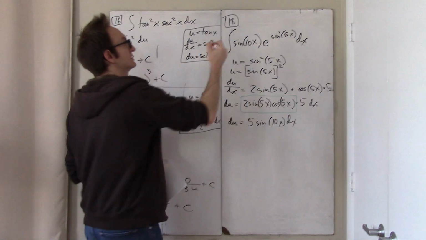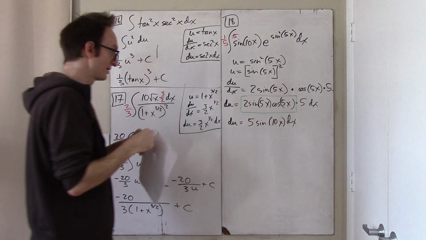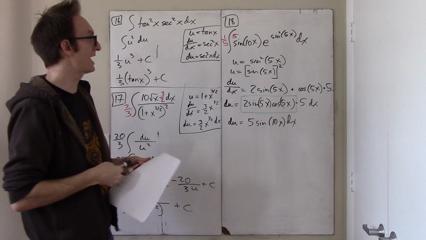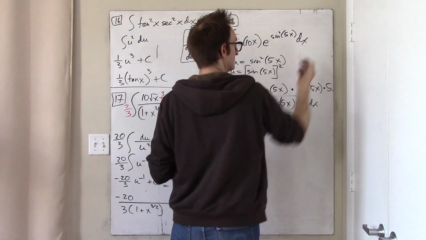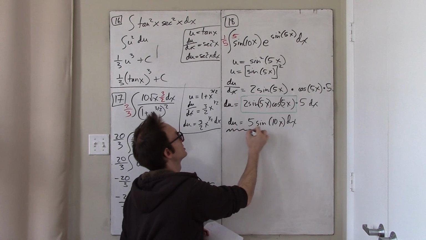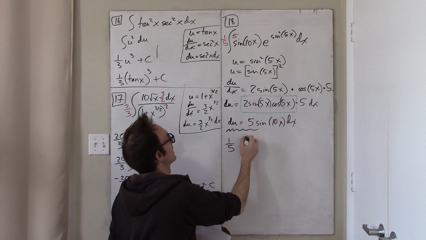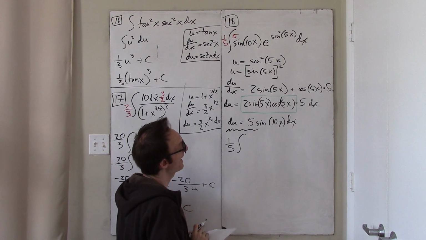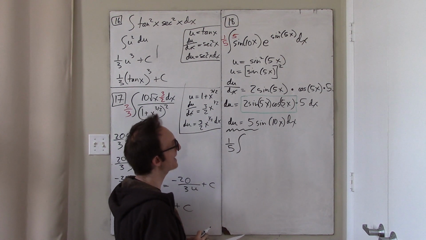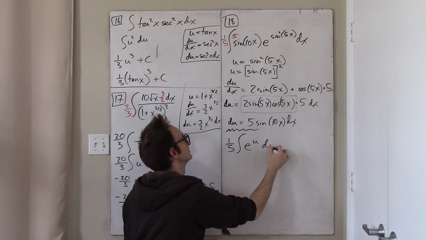So, if I stick in the 5 and undo the damage with a 1/5, then that entire first line becomes, well, no room for arrows. So I'll just kind of, going up from that first line, this becomes 1/5 antiderivative of 5 sine 10x dx, which is just my du, and this whole thing is just e to the u du.